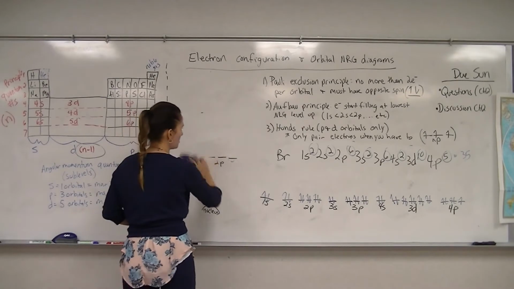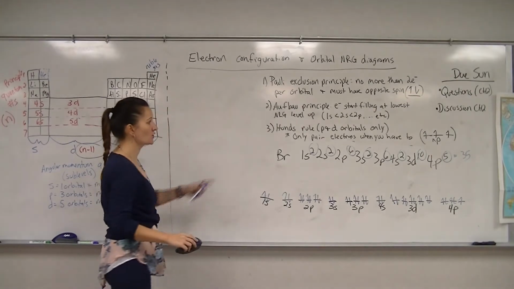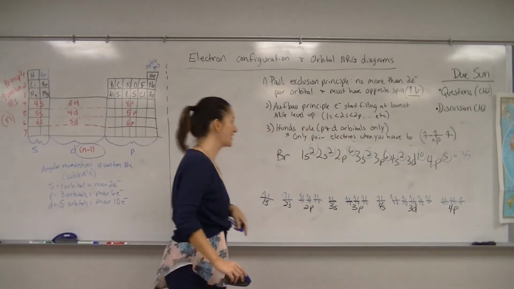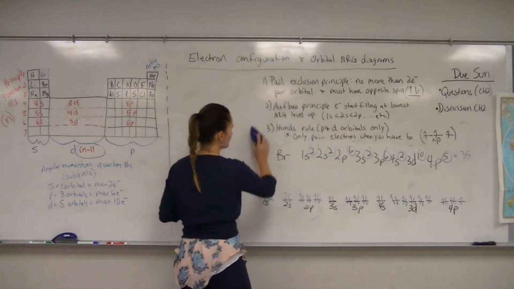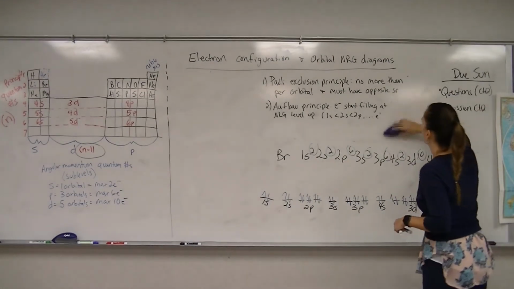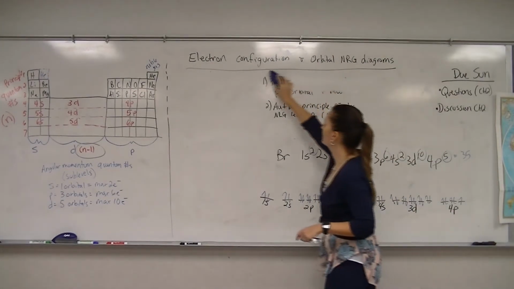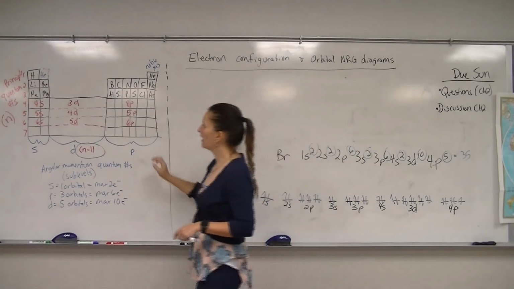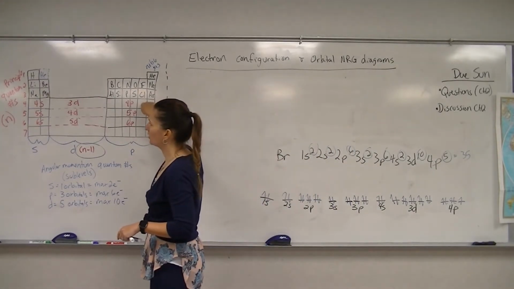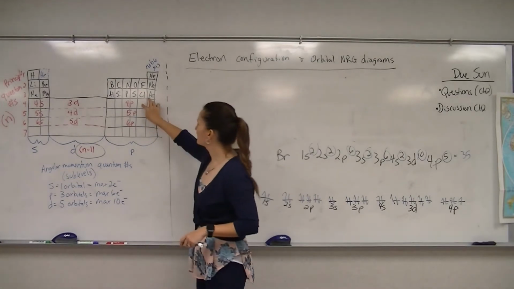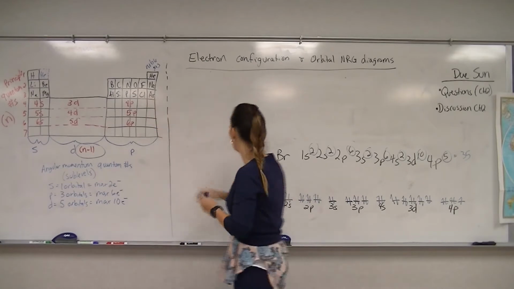All right, with this, let's do the shorthand way, because that's a long electron configuration. We can cut that down quite a bit. To cut it down, we look at the noble gas in the row above the element we're describing. We're describing bromine, which is way down here in period 4. We want to look at the noble gas in period 3, which would be argon.